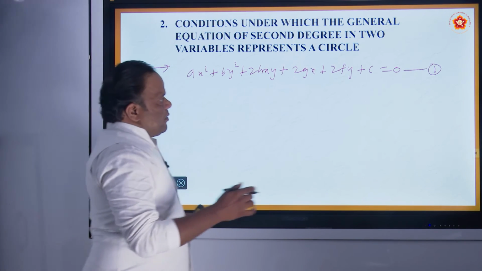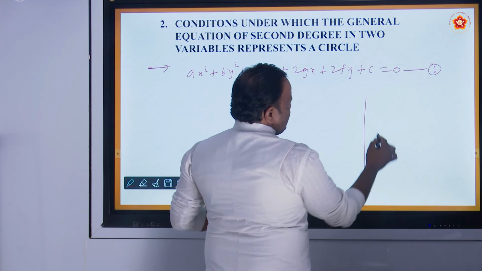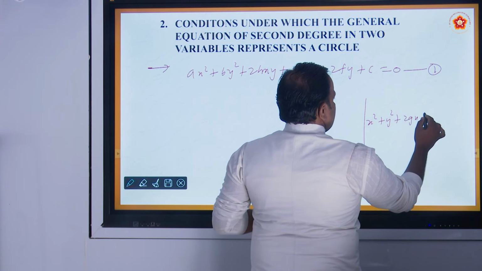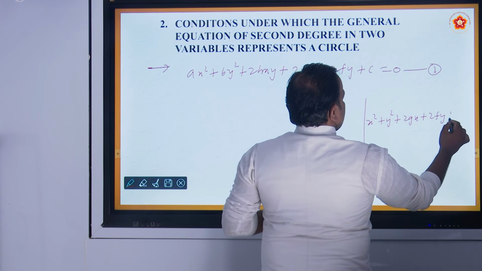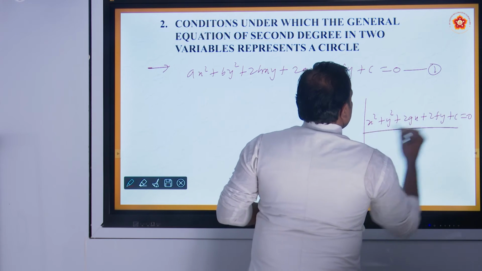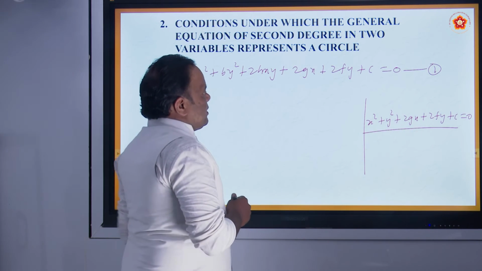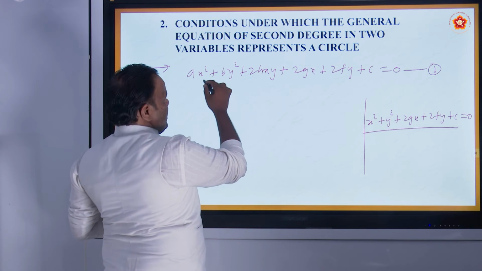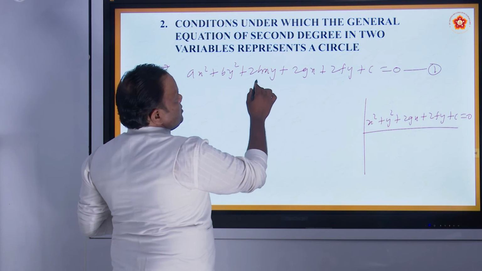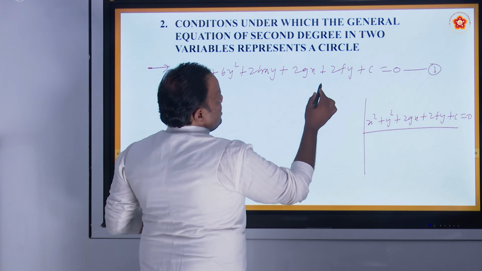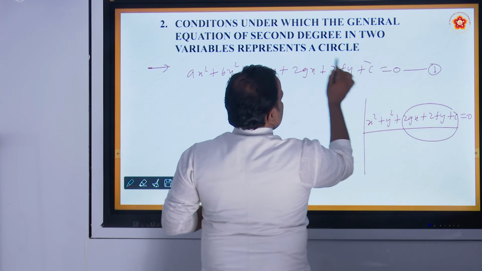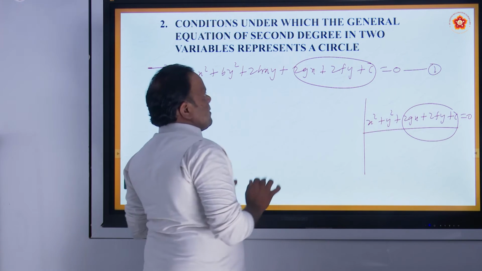Observe here, in the previous slide we saw that the circle equation is x squared plus y squared plus 2gx plus 2fy plus c equal to 0. Compare these two equations. Here is x squared, and here is ax squared plus by squared plus 2hxy plus 2gx plus 2fy plus c. The terms 2gx plus 2fy plus c are the same.